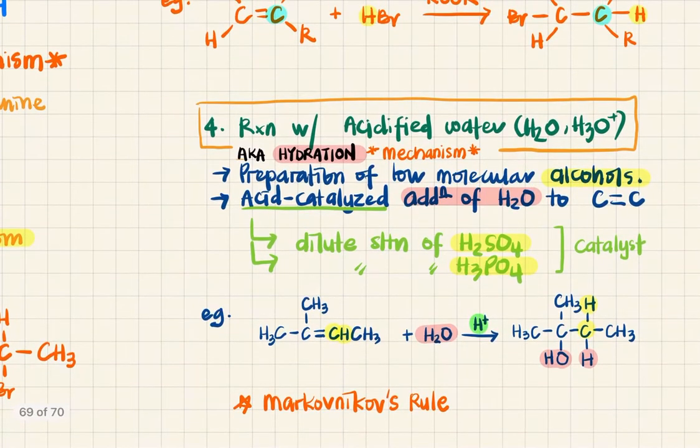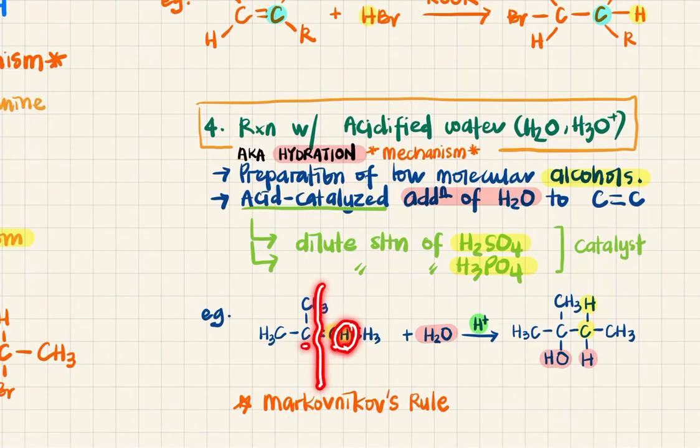So this is the reaction here. This is your alkene. Alright, so ini awak akan check adakah dia symmetrical alkene or not. So it's not, you can see that. So antara these two carbons, this one has more hydrogen.